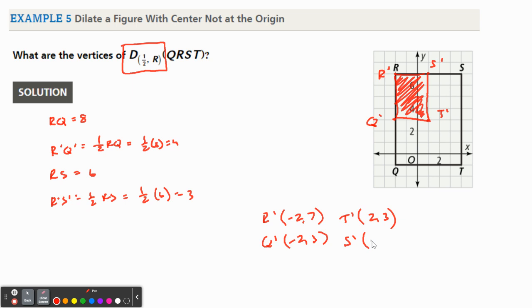And S prime is at, oh, I'm sorry, T prime is at 1, 3. My apologies. And then S prime is at 1, 7. And there we go. Q R S T, something like that, right? There you go. I put a parenthesis there.